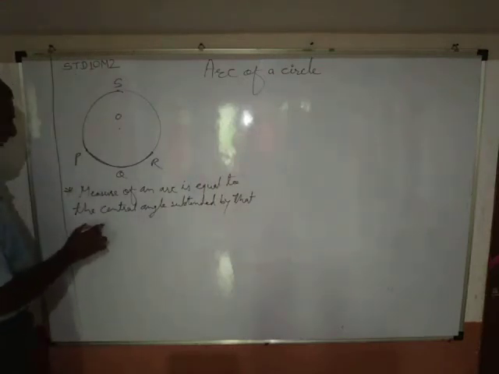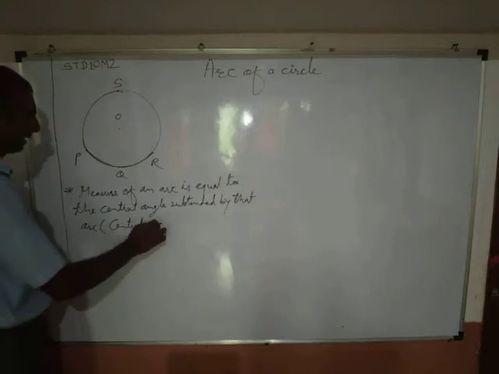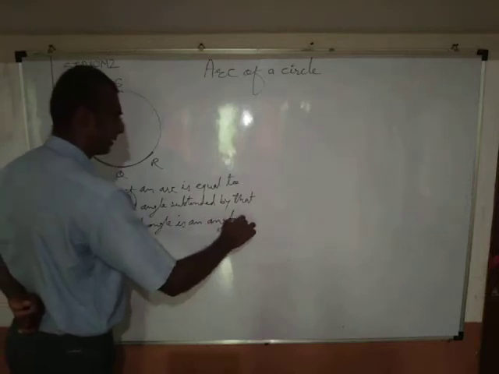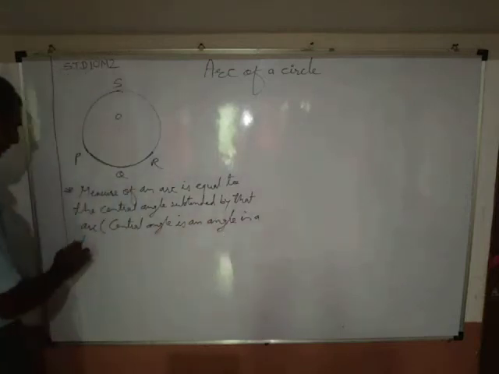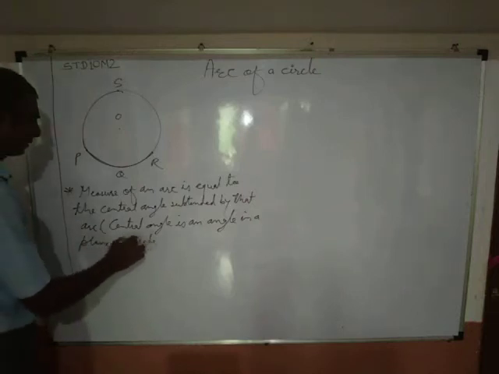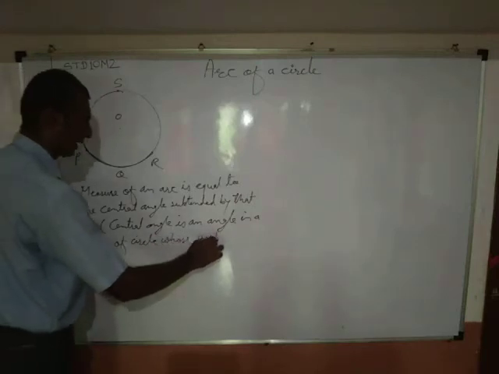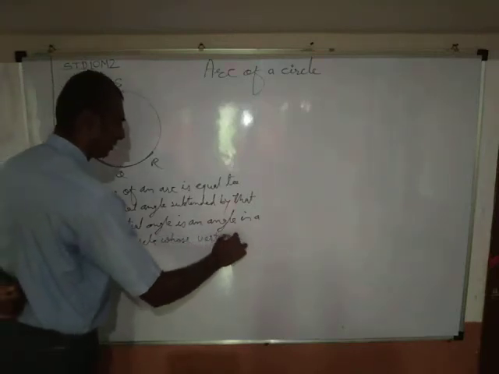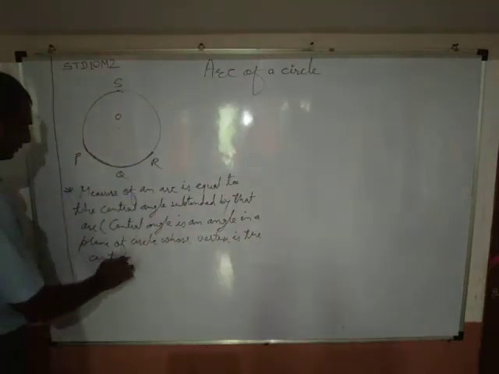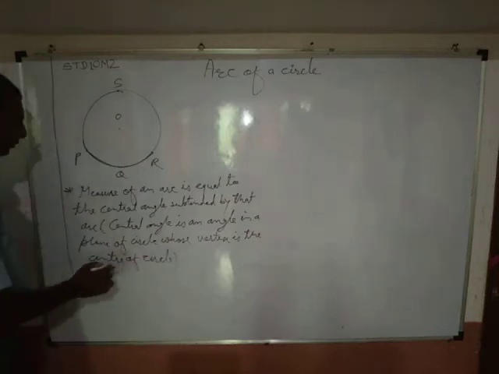And what is central angle? Central angle is an angle in plane of circle whose vertex is the center of circle. Okay.